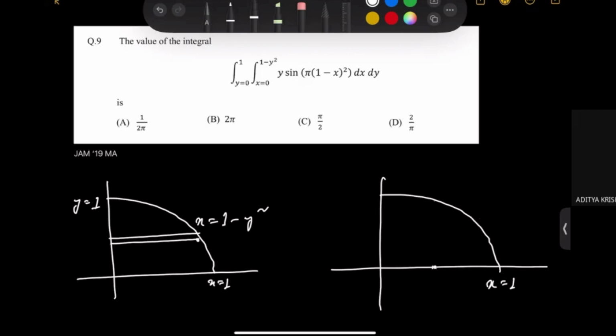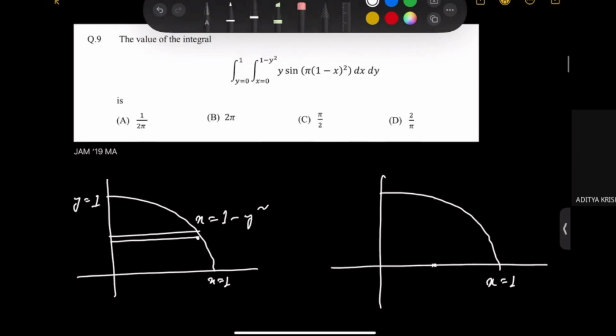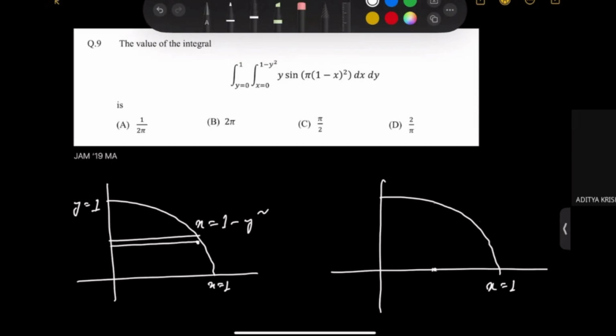Now, how would you guys approach this problem? That is something that I would like to ask. Can you guys tell me? Any idea? Any hunch how you'd like to approach this problem?